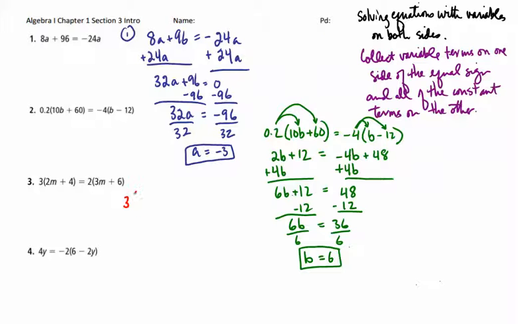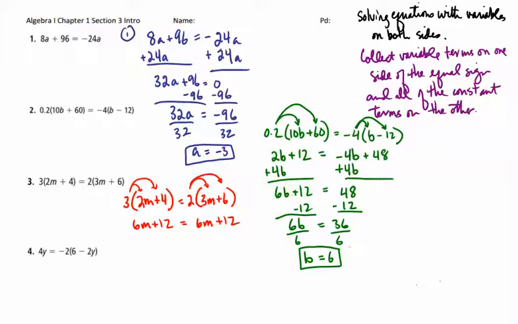Well, we have 3 times 2m plus 4 is equal to 2 times 3m plus 6. When we multiply this out by distributing, we're going to get 6m plus 12 is equal to 6m plus 12. Well, we can stop at that point.